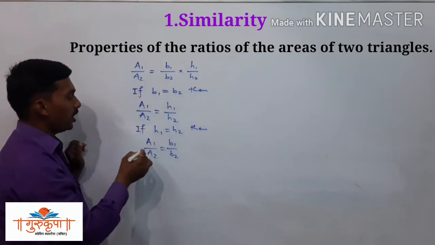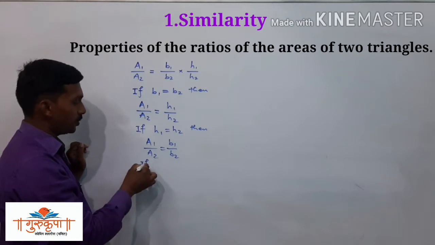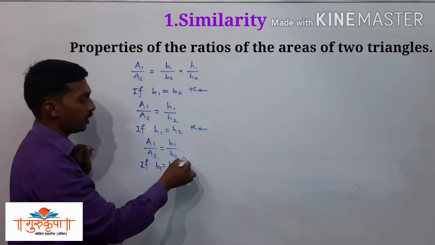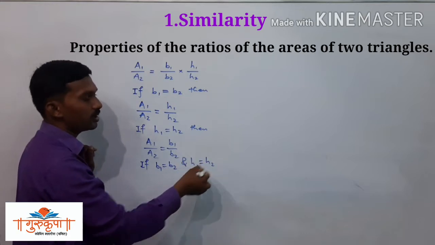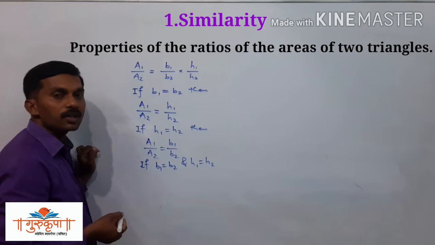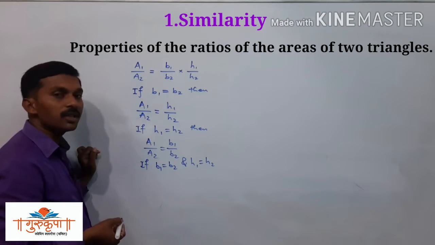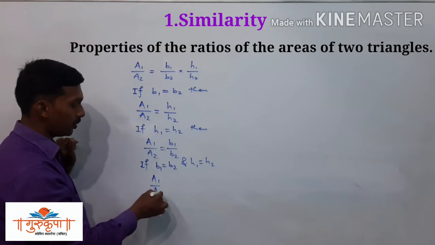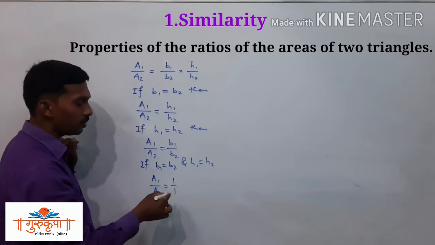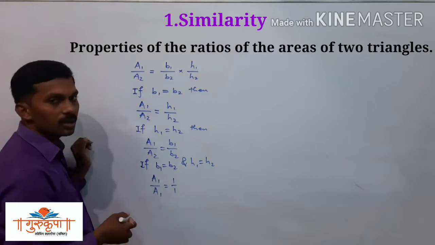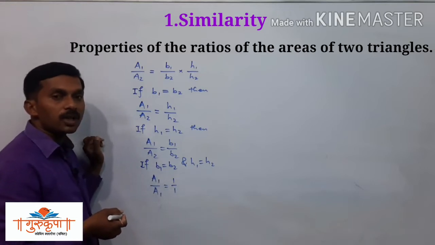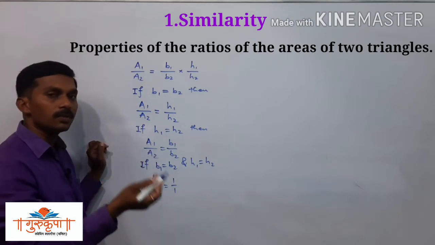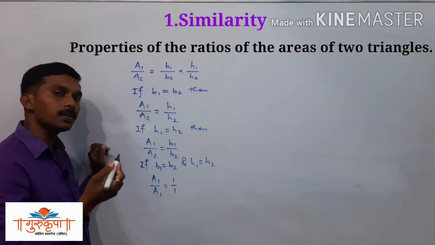Now the third and last condition, which is not given in the textbook but we studied that condition. It is given that B1 is equal to B2 and H1 is equal to H2, that is the given information. Both the triangles have equal bases and equal heights, so we can write the property as A1 upon A2 is equal to 1 upon 1, or simply 1.